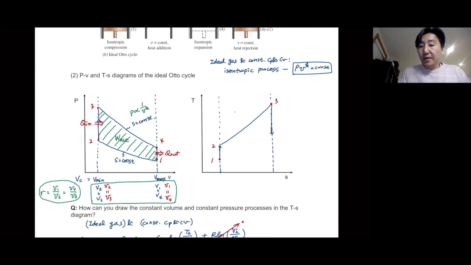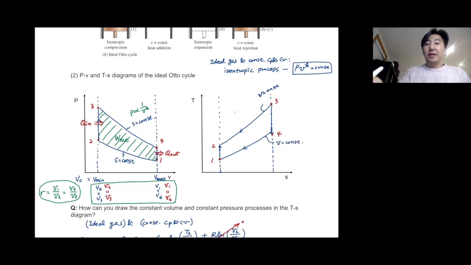Then we will go back to 1 with a constant volume process. So that is how we can draw it. That is constant, and that is also a constant process.